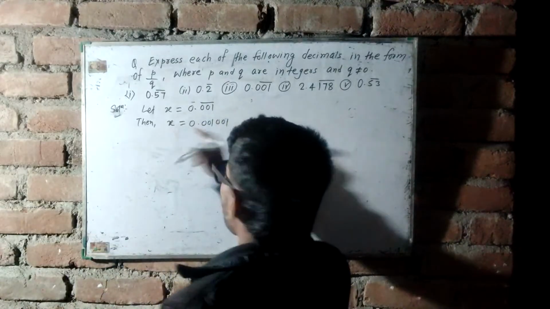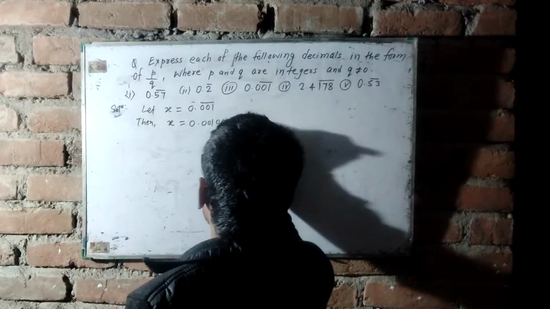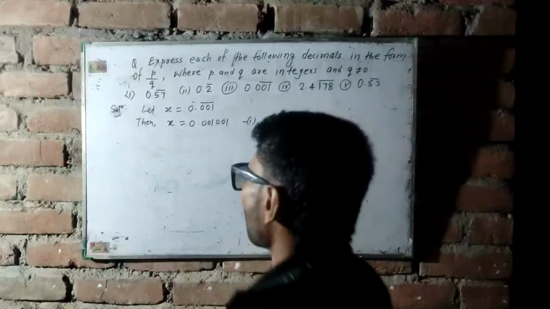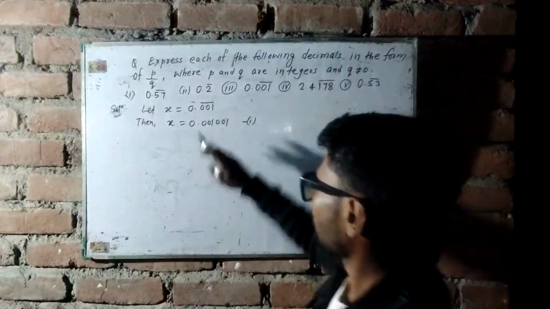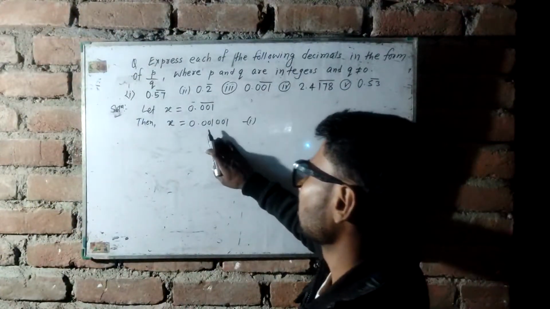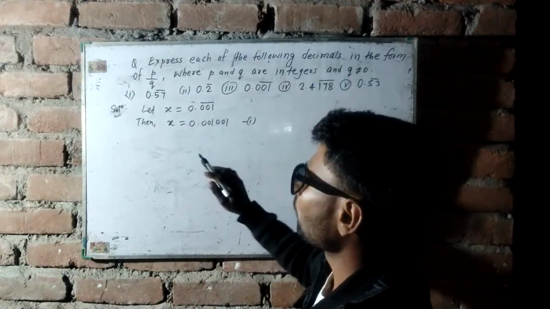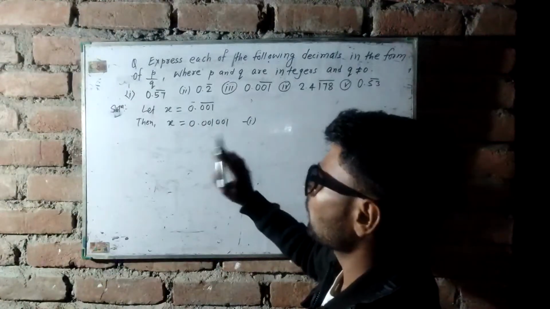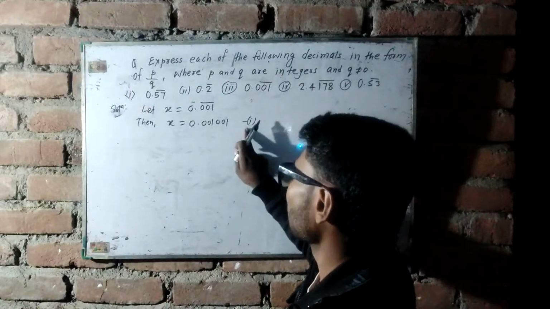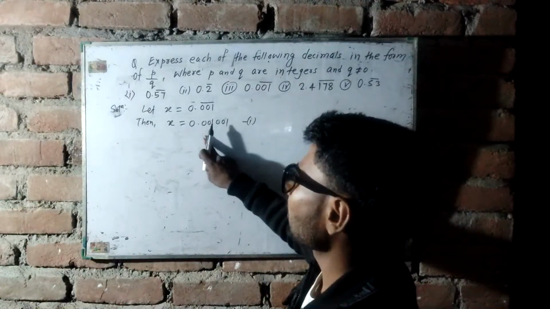Let this expression be equation first. Now we can see here the repeating block has 3 digits, 001.